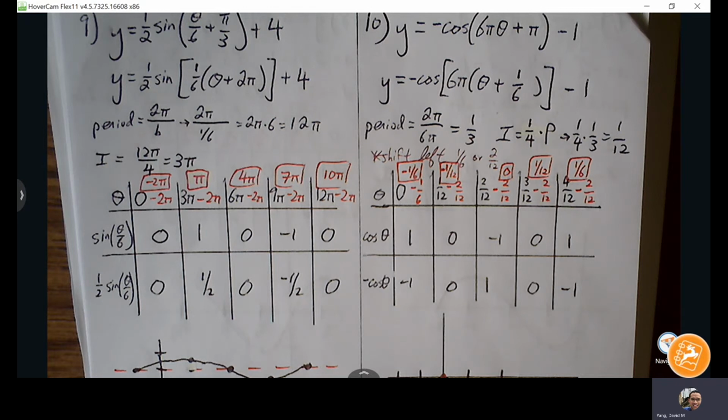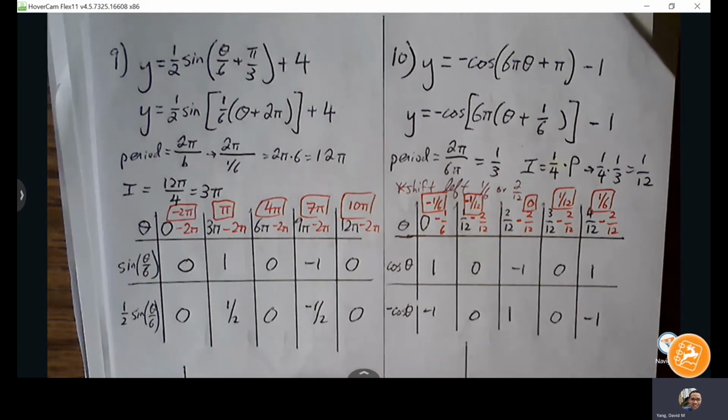I can't do that. Period. So it's 3 pi. 5 over 6. That's more difficult. It's 3 pi right here. 3 pi over 4.